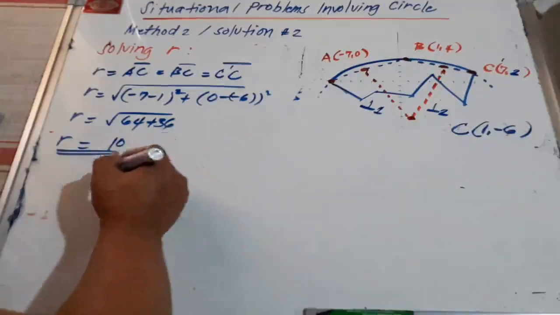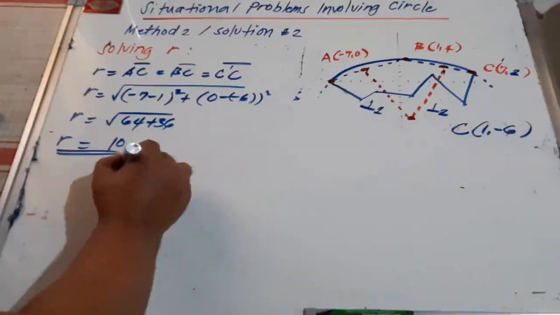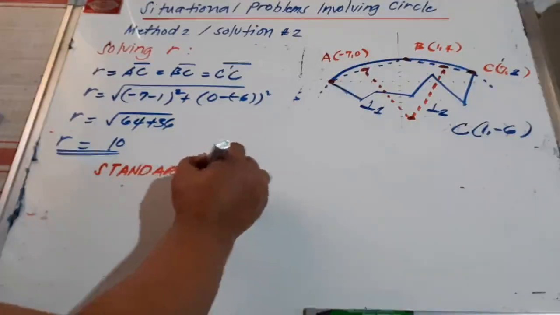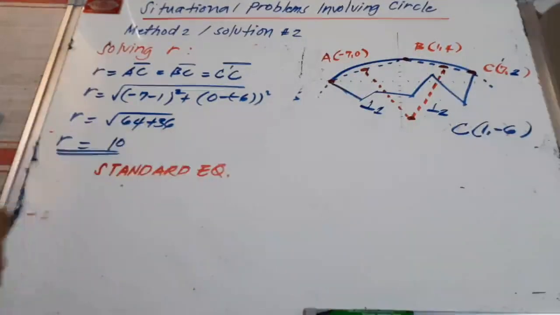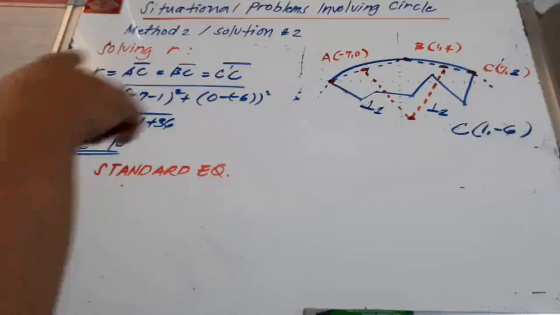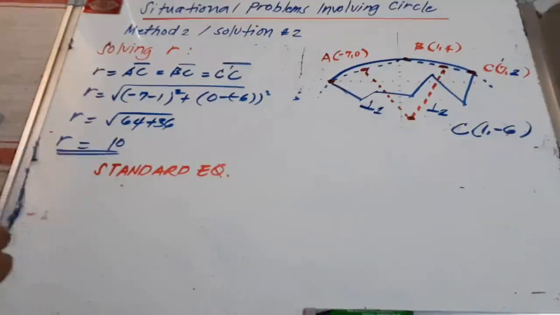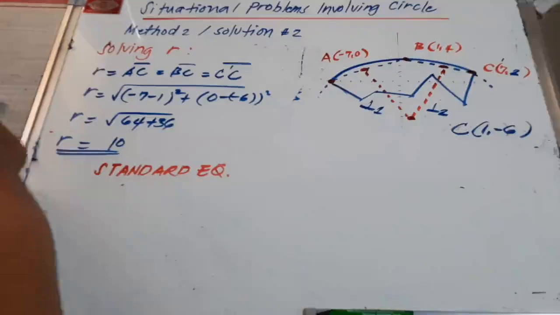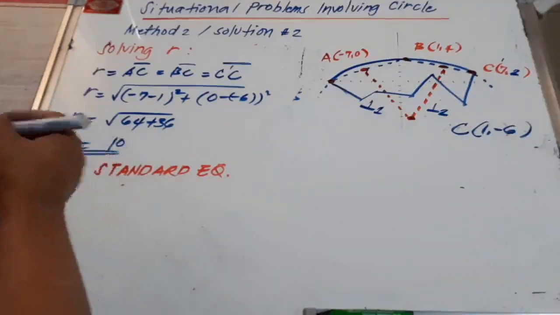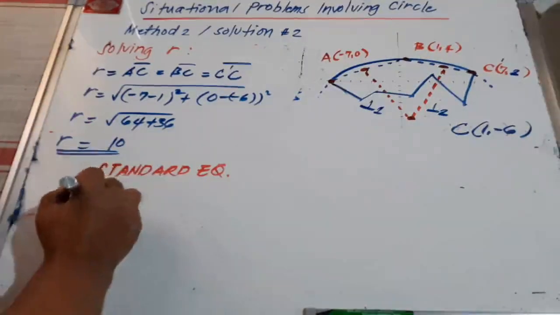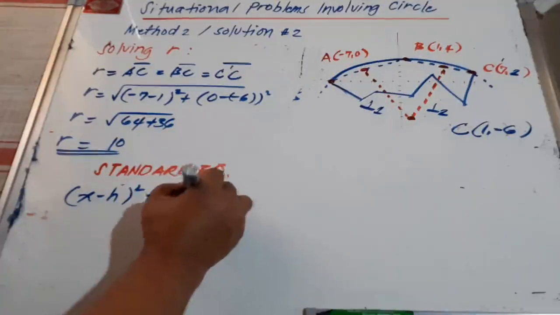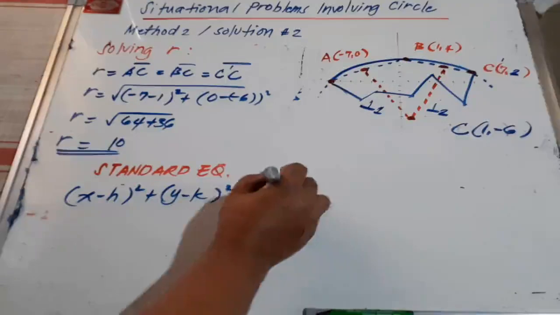So, standard equation of this circle. Actually, yun yung ating plate. Standard equation. Yun yung circular plate na nadag up dun sa archaeological site. Ang standard equation niya ay ito. That will be x minus h squared plus square of y minus k equals r squared.